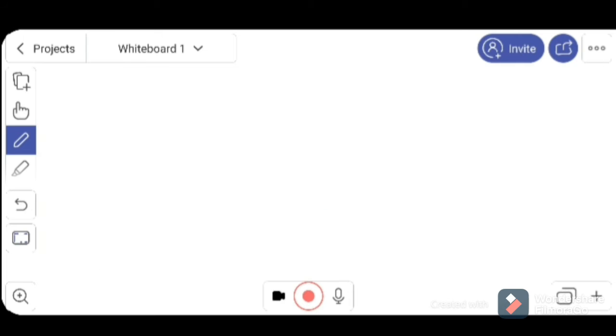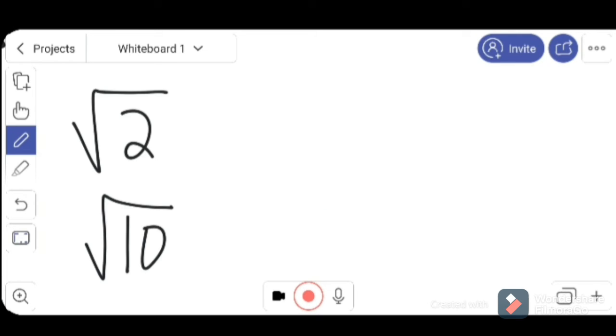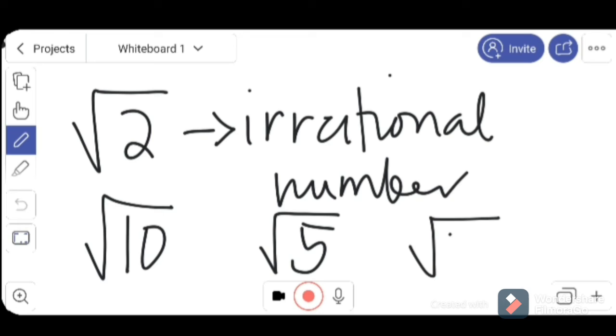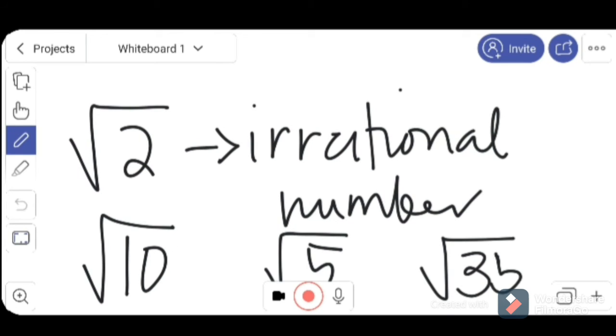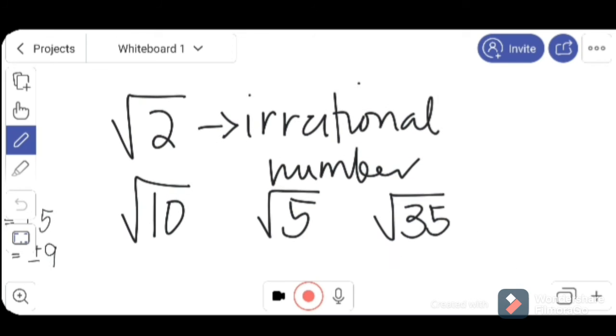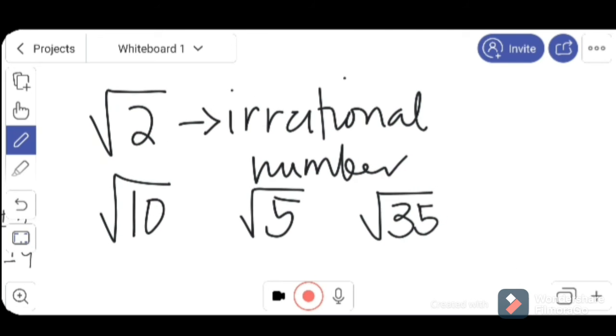How about the square root of 35? That is also an irrational number. Again, they are all irrational numbers since the integer is not a perfect square.